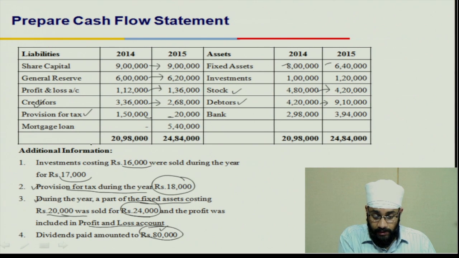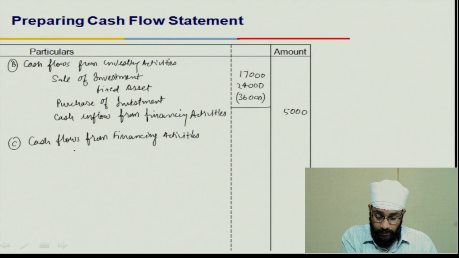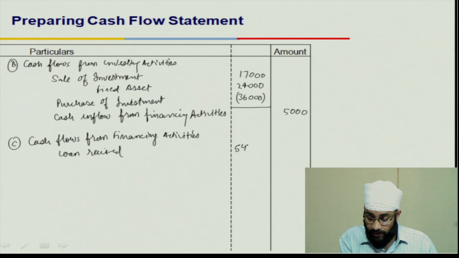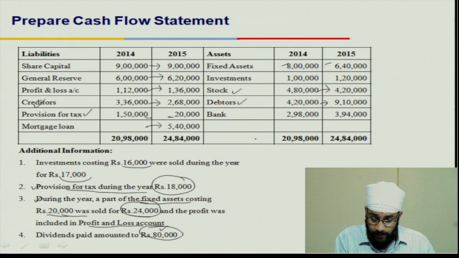And there is mortgage loan, which is going up, which means an incoming cash flow, so 540,000. Loan raised 540,000 here, and that's it on the liability side.